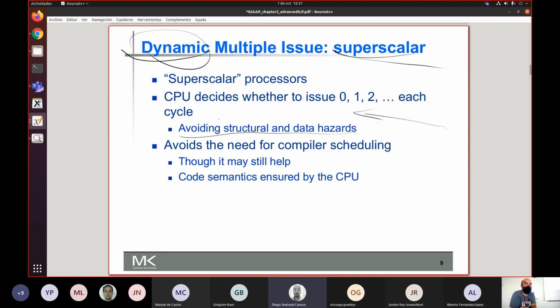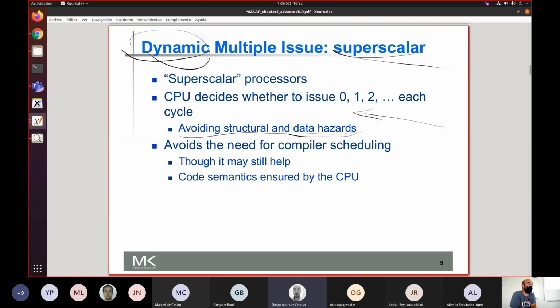That one of the instructions is not generating a value that is required by another instruction, because obviously in that case this is going to change the semantics of the code. In other situations where this can be solved by a mechanism, like for instance register renaming, this is going to be done automatically.